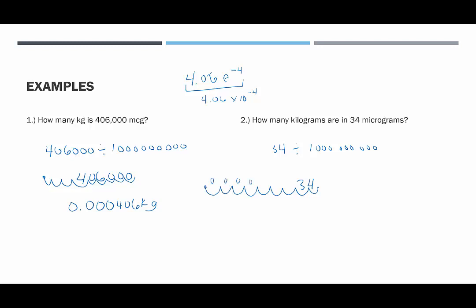I believe there are 7 zeros. When we write our very teeny tiny decimal, we're always going to put that leading 0, though it's very obvious this is a decimal. It's just customary to put that 0 before the decimal point. So we have point, and then we have 7 zeros, 34 kilograms.